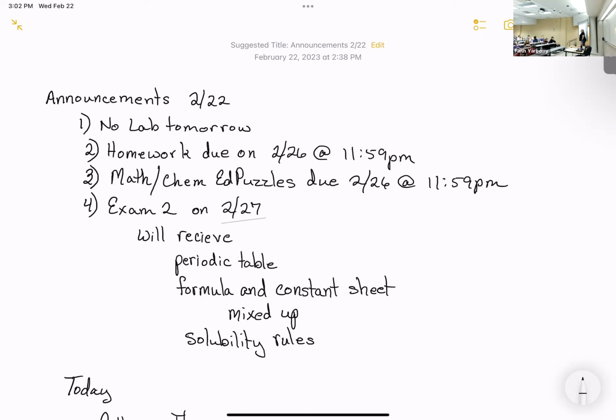As far as what you will receive on those back pages of the exam, like you had last time, that you removed from the exam, you will have your periodic table again. You will have a formula and constant sheet, and you will have your solubility rules. Now, formula and constant sheet, folks, I don't make it just straightforward.